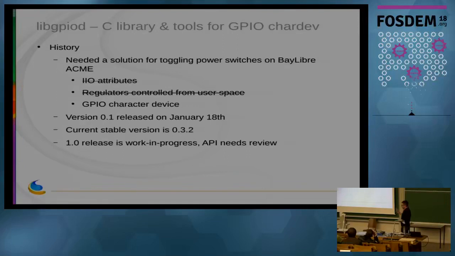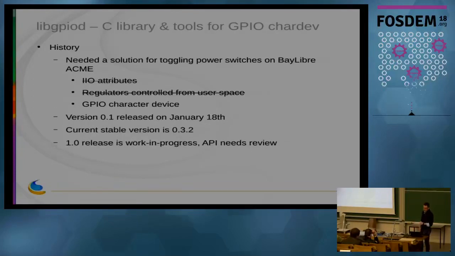My first contact with this GPIO hardware device was when we at Libre had these Acme capes, which are extension capes for BeagleBone Black that allow measuring power consumption of external devices. We have these probes that, apart from measuring the power, also have power switches that you can use to cut off and restore power to measured devices. These power switches were controlled with GPIOs from the BeagleBone Black.